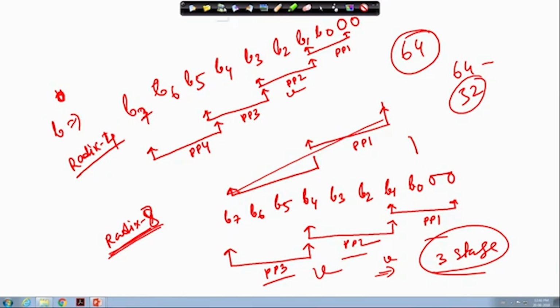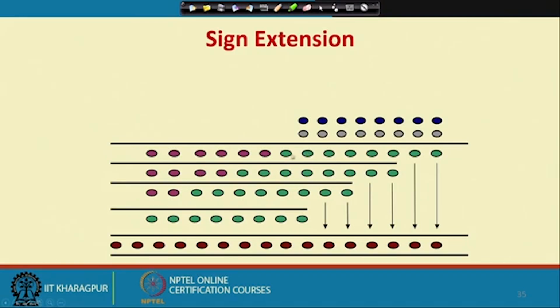Okay. Now, again, whenever we are doing this Booth's decoding, at the time what I said, if I choose radix 4, at that time the shifting, that means this is the first partial product generator, then the next partial product generator will be added by shifting of 2 bit, as you have chosen the radix of 4.